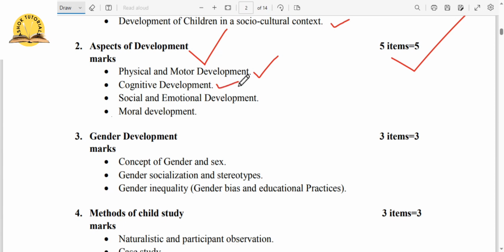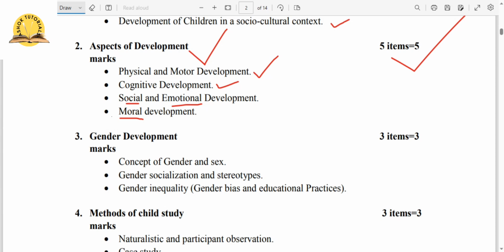See, physical is related to the visible form, all right? Then cognitive means mental or intellectual development. Then social, you know, what is social development? Then we have emotional development, and the most important one is moral development. You know why I'm saying moral development is more important?